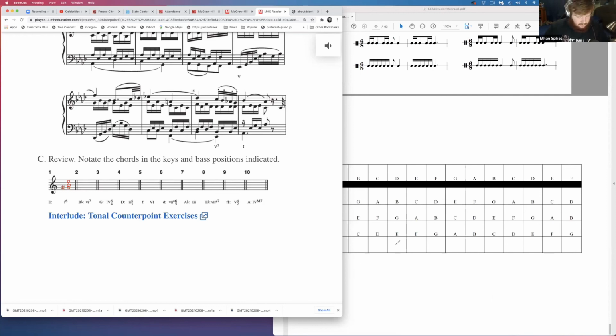G, B flat, D, F. One more time. G, B flat, D, F. Wait, F? Yeah, F. Oh, yeah, okay. I had it right. It just looked weird because I was thinking in bass clef. Tuba players, man. Yes, you were right.